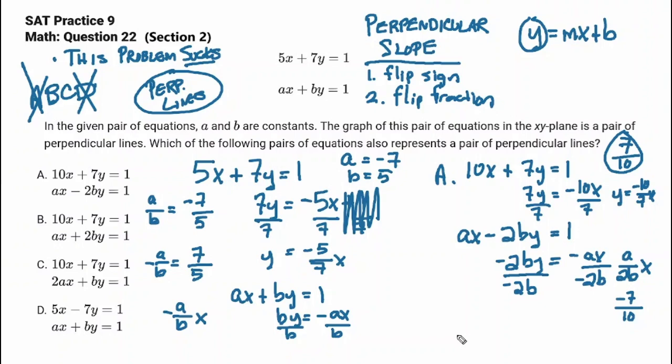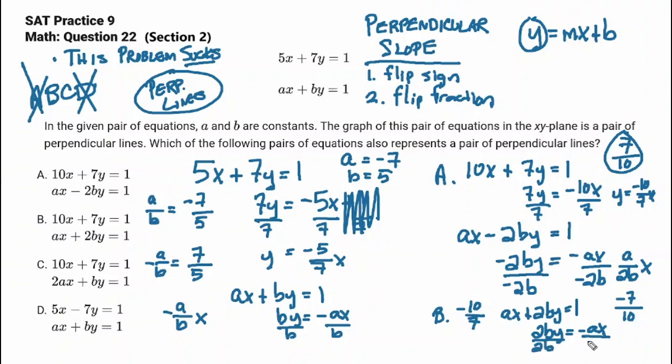We know, finally, we know something. We know that 10x plus 7y equals 1. We know the slope. What is it? For B, the slope is exactly the same. It's negative 10 over 7. And then, I ran out of space, and I'm sorry, I'm looking at ax plus 2by equals 1. All right, so I got to get this in the right form. 2by equals negative ax. Again, plus 1 doesn't matter. Divide through by 2b.